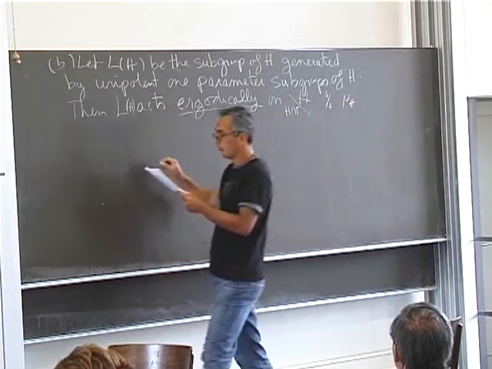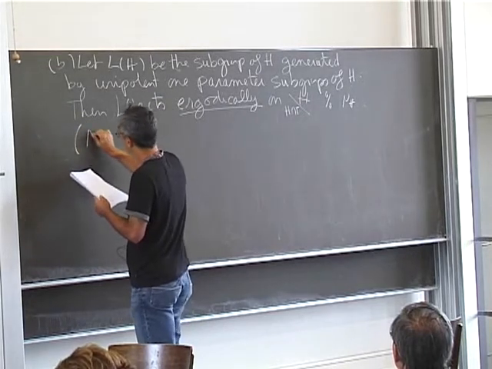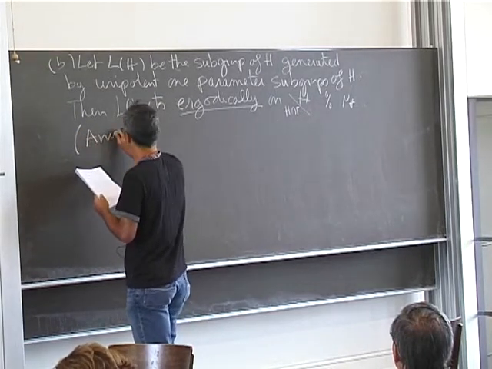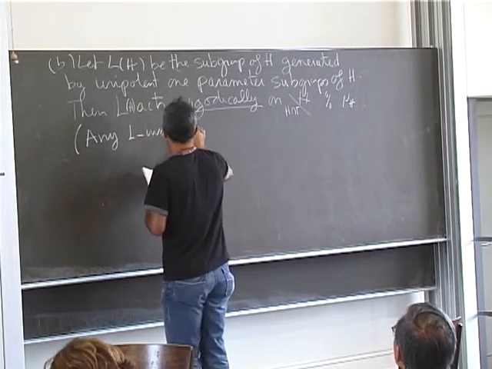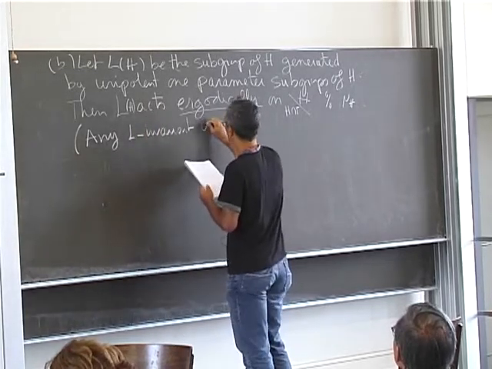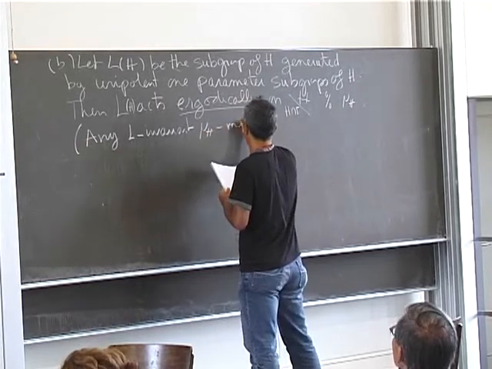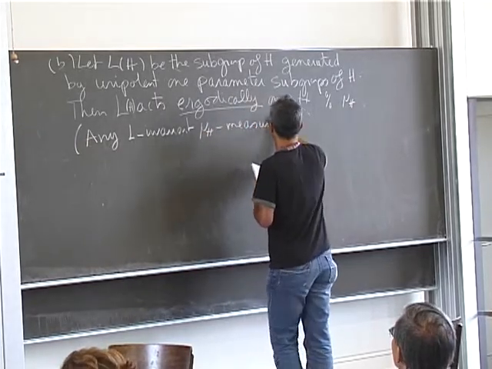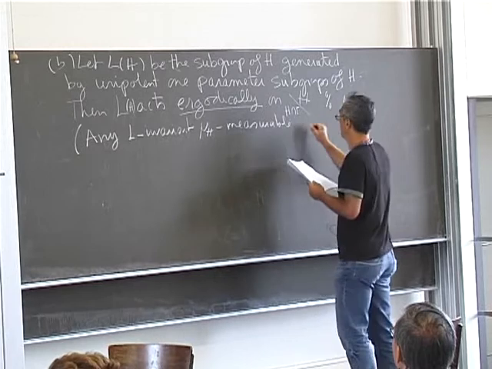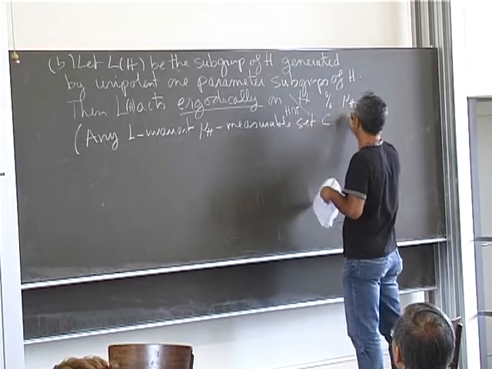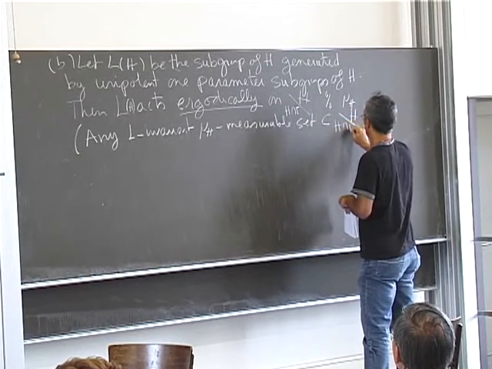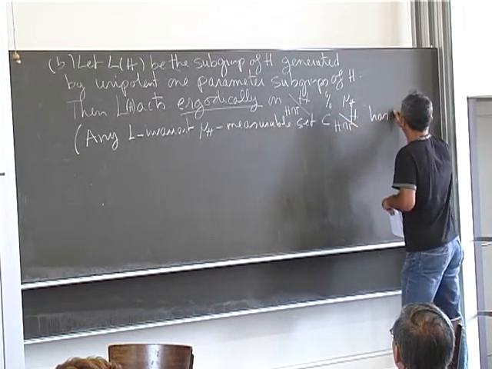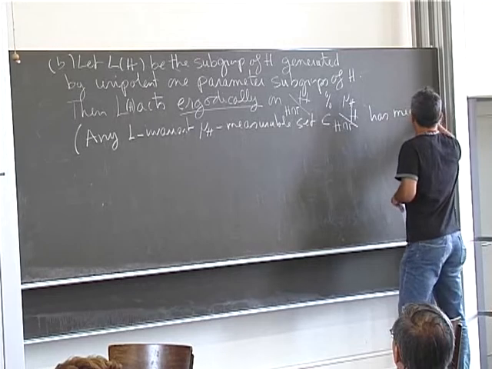And this means nothing but that any L invariant mu H measurable set inside H has measure 0 or 1.